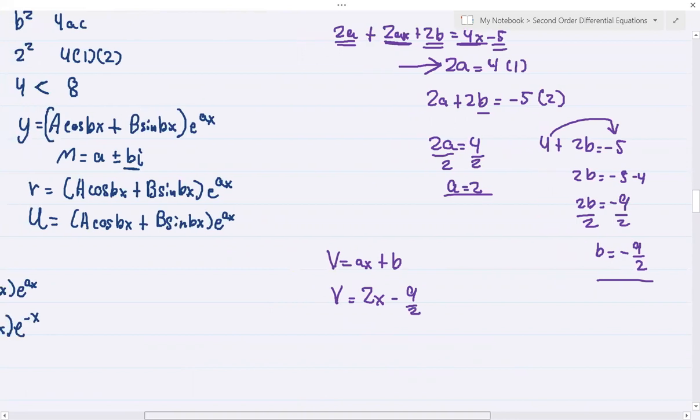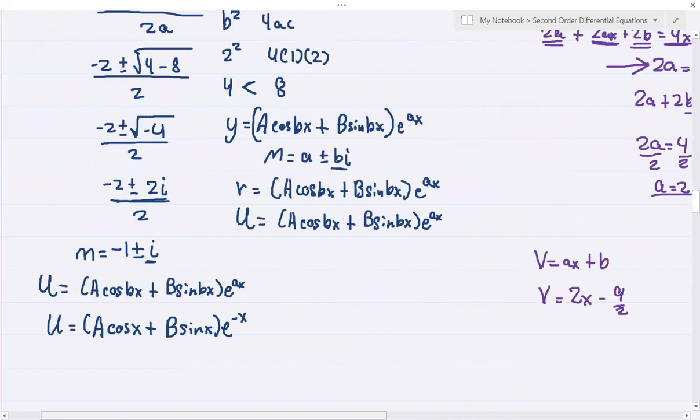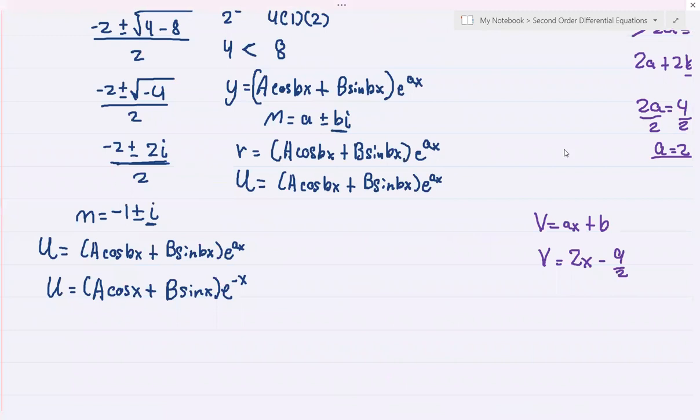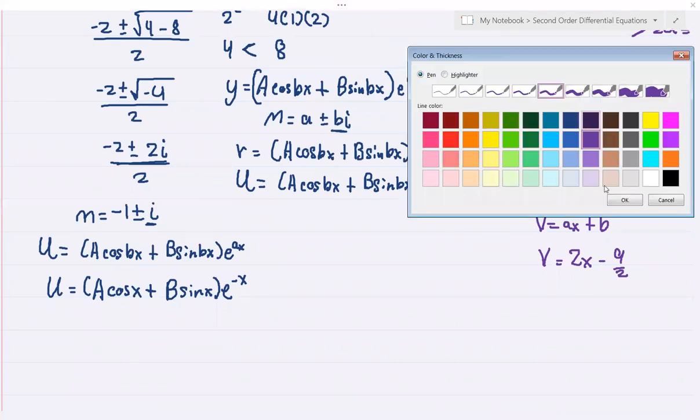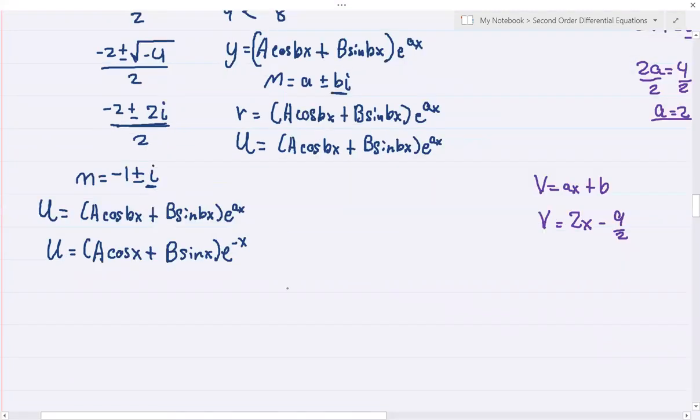Now let's get your general solution. Your general solution will be r is equal to u plus your v.